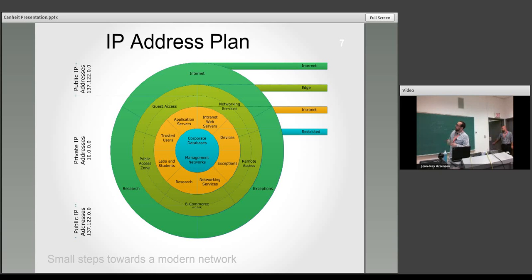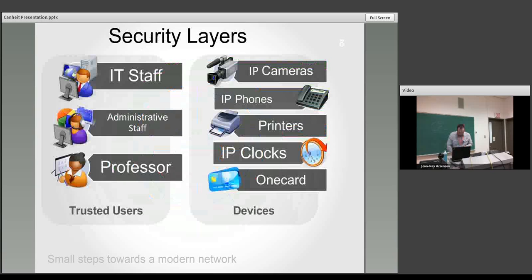In the device layer, we have IP cameras, IP phones, printers, clocks, and for our One Card system, we have a layer specifically for the One Card systems. So, these are the roles that we have defined.